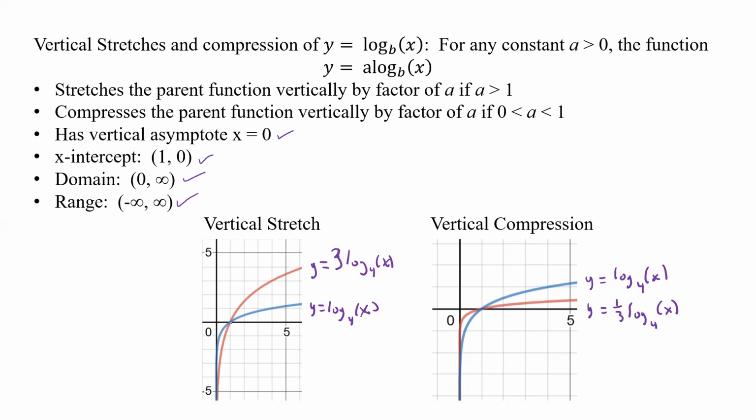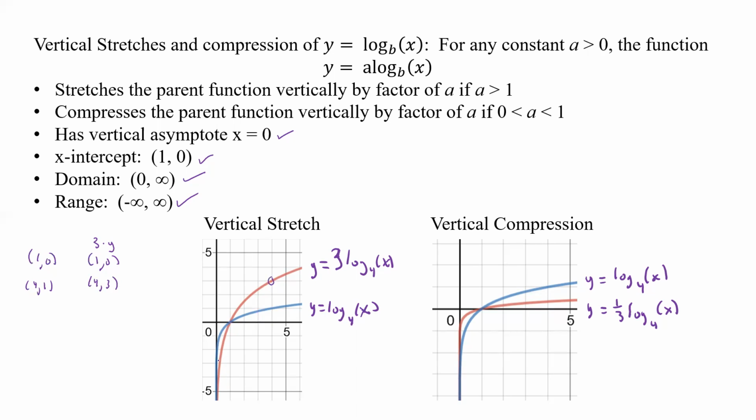So for y, 1, 0, if we multiply 3 times y, we get 1, 0. Now this one we had 4, 1. If we take 3 times y, we get 4, 3. So does that give us 4, 3? 1, 2, 3, 4. 1, 2, 3. Yep, that's our new point.